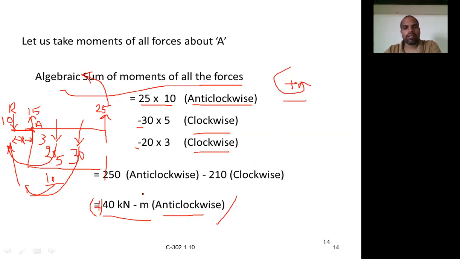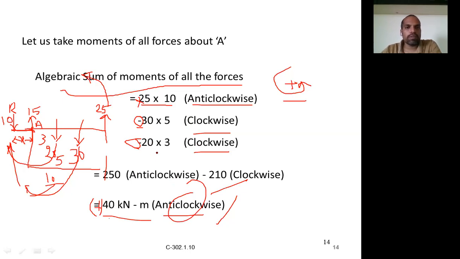Here our sign convention is clockwise as minus and anti-clockwise as plus. Now we got a positive sign, so it is an anti-clockwise moment.